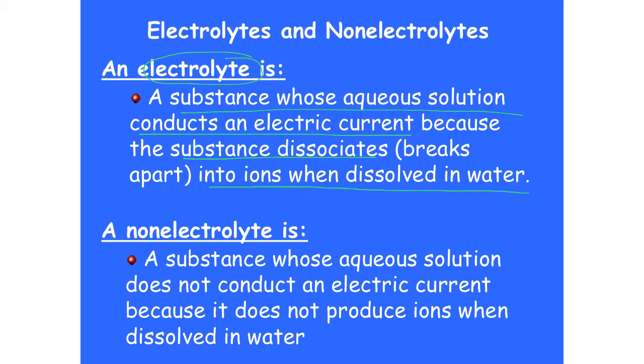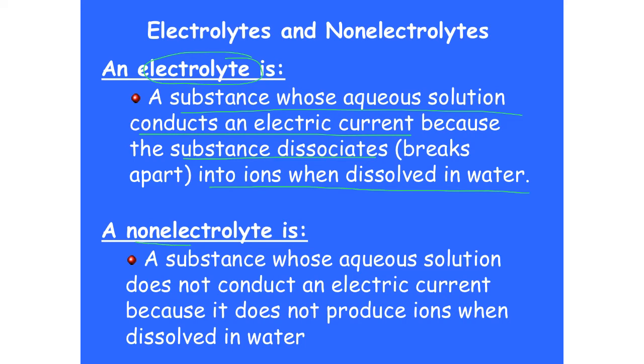So in order to conduct electricity, you need free moving charged particles. So in a solution, that would be free moving ions. So in an aqueous solution, if you have something like salt, it will dissociate into the positive and negative ions, and it's those ions that allow it to conduct electricity.